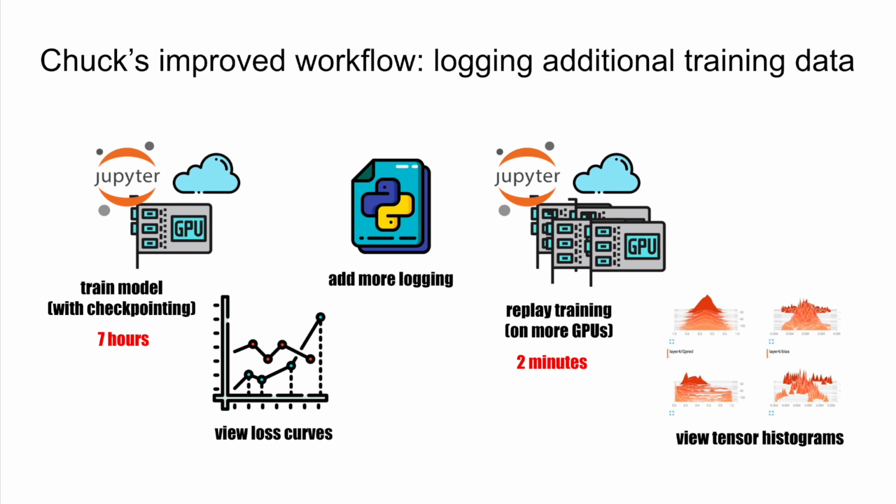In the extraordinary case where the logs indicate some kind of anomaly that required digging down further, he would add more logging statements or Hindsight logging statements and would replay. And at replay time, the auto-replay feature would parallelize by leveraging the existing checkpoints taken at record time, so that the replay time would take 2 minutes, down from 7 hours.